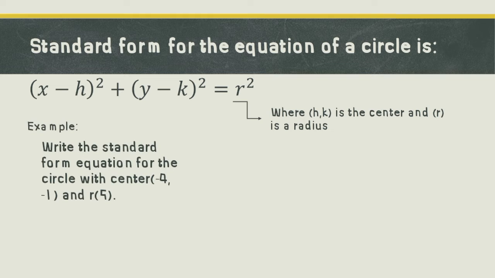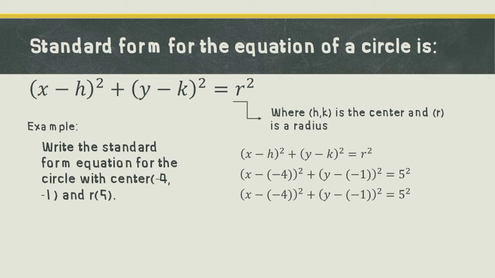Example, write the standard form equation for the circle with center -4 and -1 and r 5. Given the standard form, x minus h squared plus y minus k squared equals r squared. Simply replace h by -4, k by -1, and r by 5.